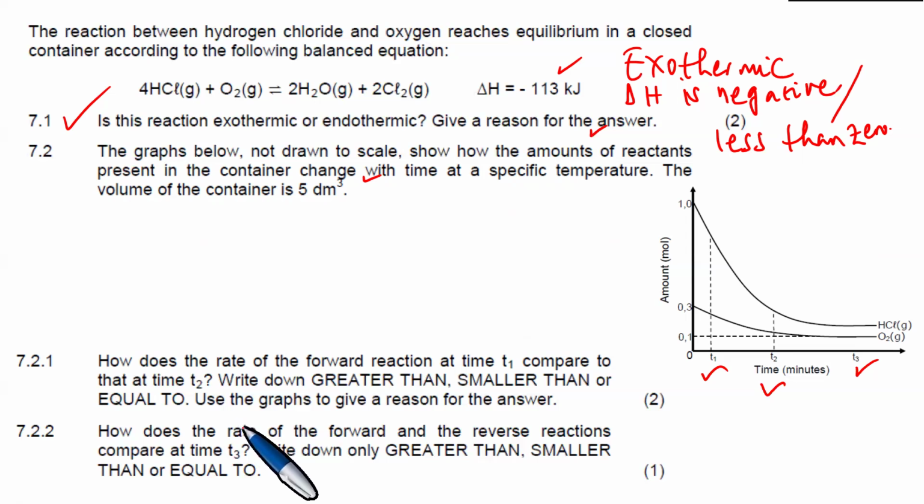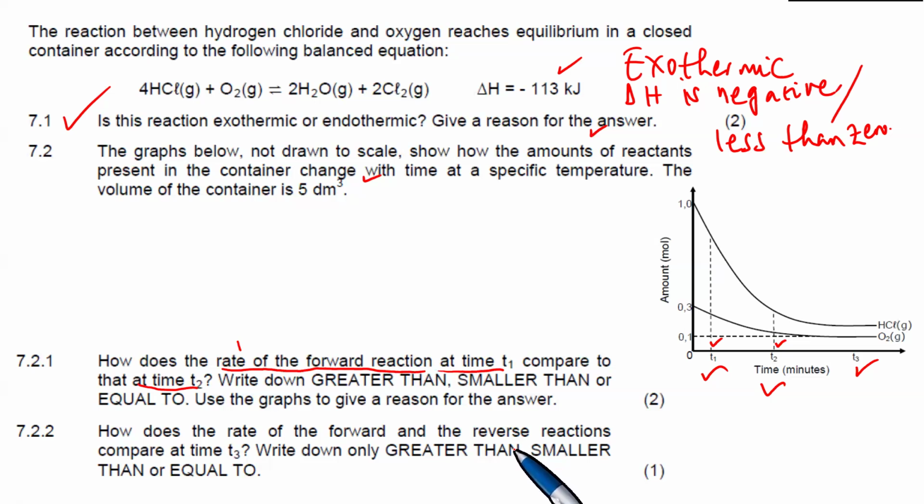If you look at 7.2.1, there are a couple of things you need to take into account. We are speaking about the rate of the forward reaction at time t1 compared to that at time t2. This is time t1 and there's time t2 there.